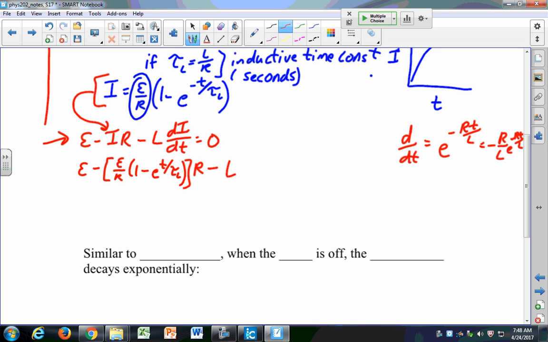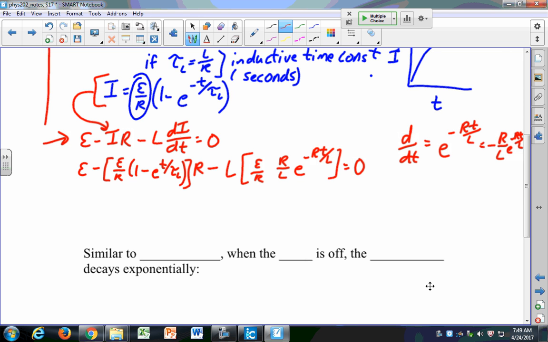Now, if I apply that over here, the derivative of I with respect to t is going to be L times E over R times R over L times e to the minus Rt over L. And then that's all equal to 0, supposedly, if our solution is correct.